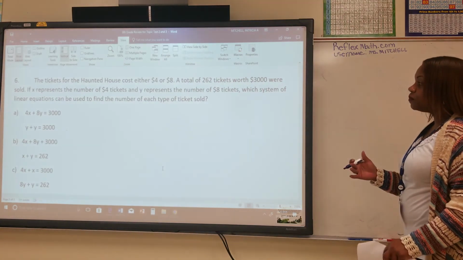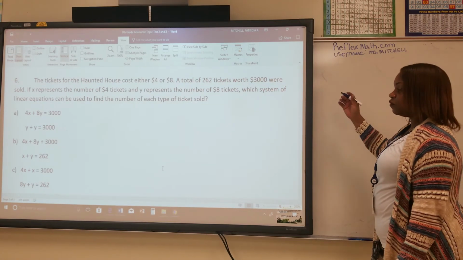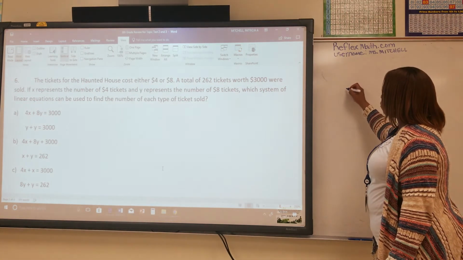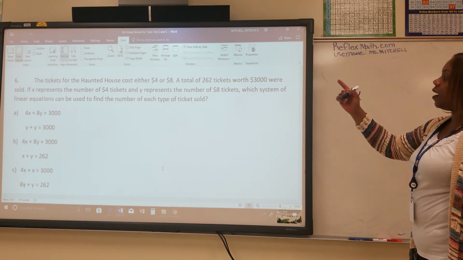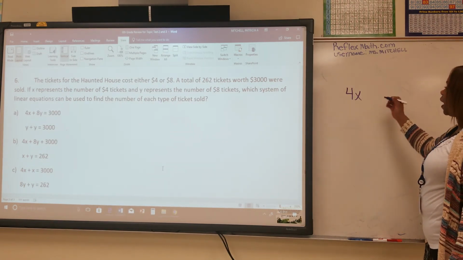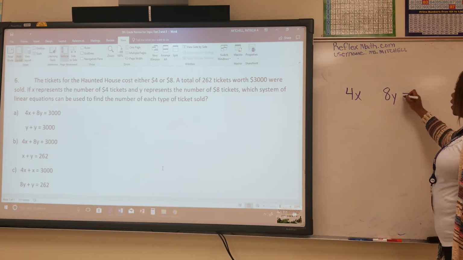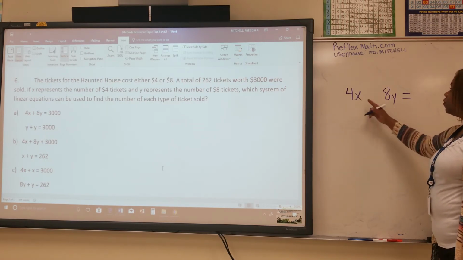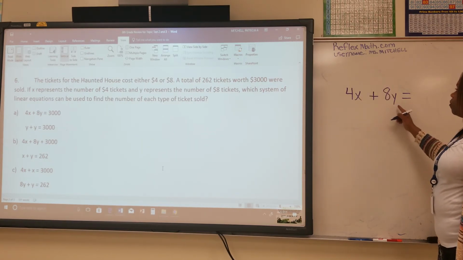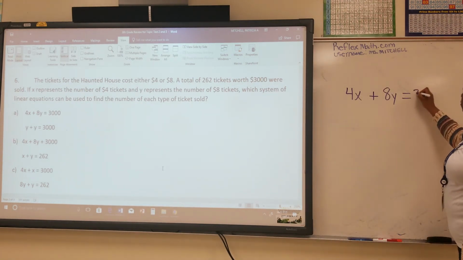So if X represents the number of the $4 tickets, that would be 4X. And Y represents the number of $8 tickets, so that will be 8Y. When we add this up, 4X plus 8Y has to add up to $3,000.